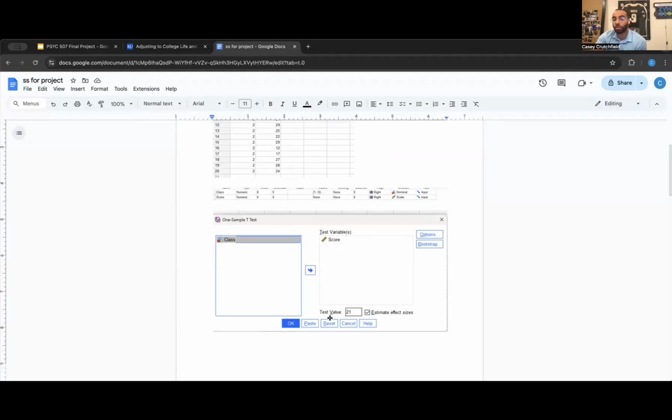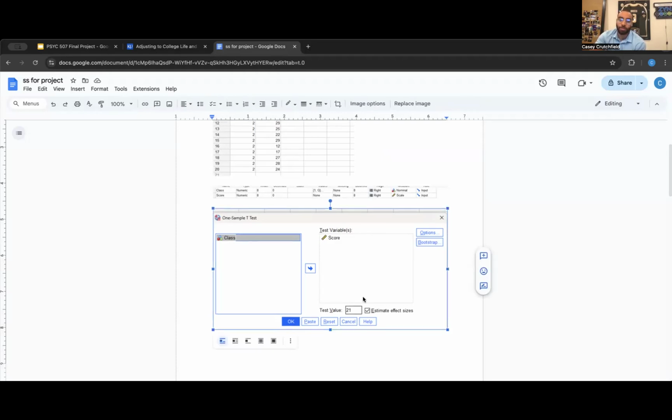And for the test value, I got 21. I found it by finding the range and midpoint out of the max score, which was 35, since the highest you could get on each question was 5 points, and there are 7 questions, which makes it 35. And that number was 21.